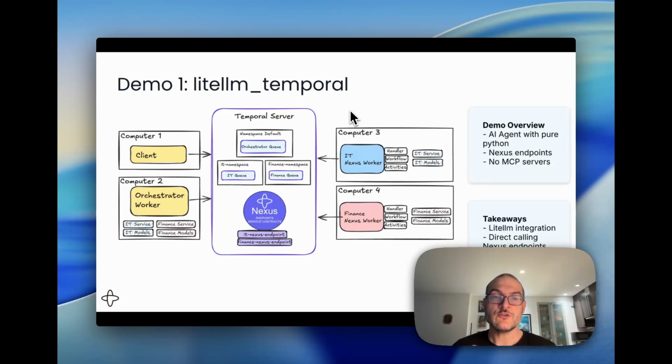And what this is going to show is using Nexus as the bridge between the orchestrator worker and having access to these tools in two different departments. And Nexus is responsible for facilitating the authentication and authorization.